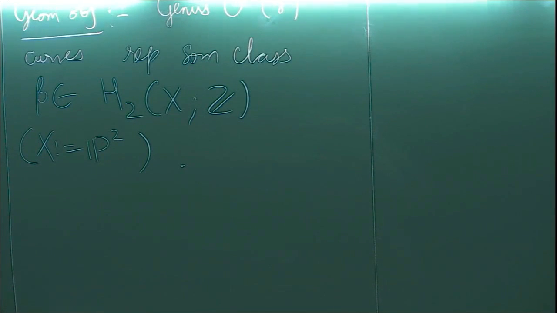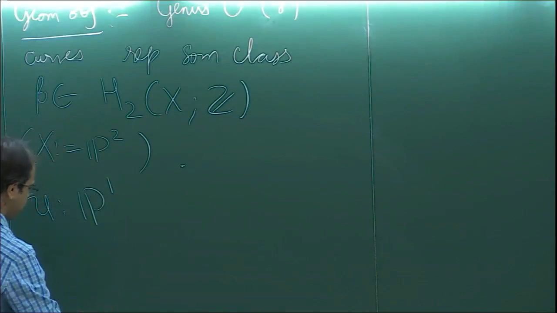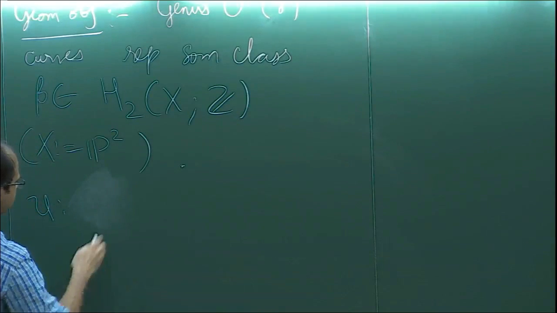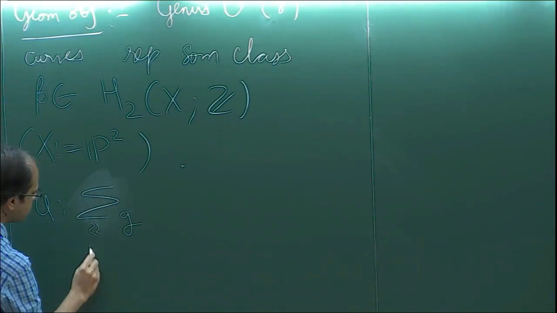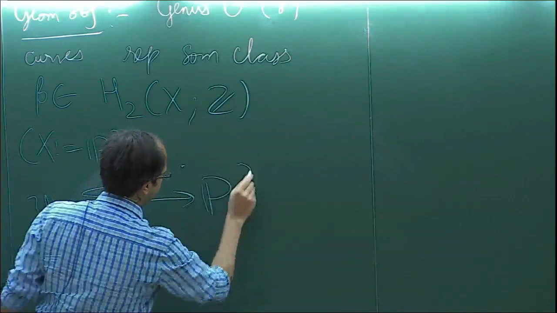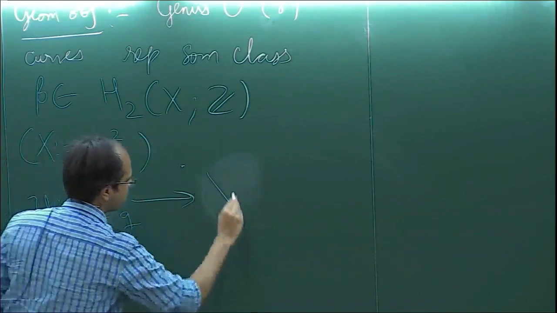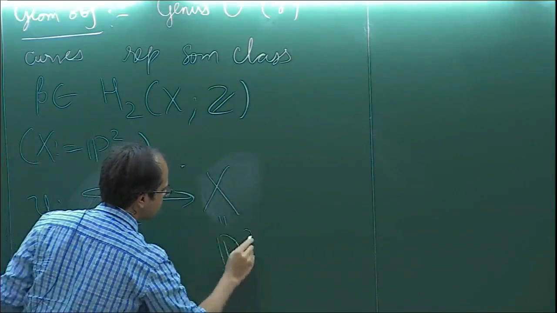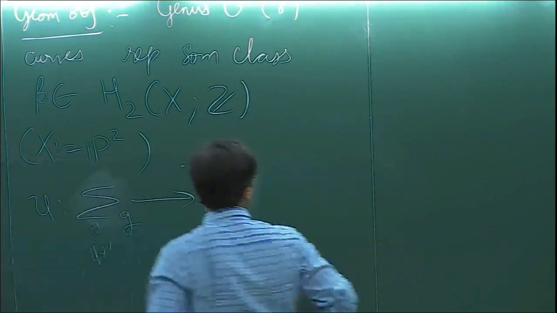So what does this mean more precisely? I'm looking at maps from, say, a Riemann surface. To begin with, this Riemann surface is a genus 0 Riemann surface to P2, or let's say X, and to begin with, let's say X is P2. When I use the word map, I'll always mean holomorphic map.